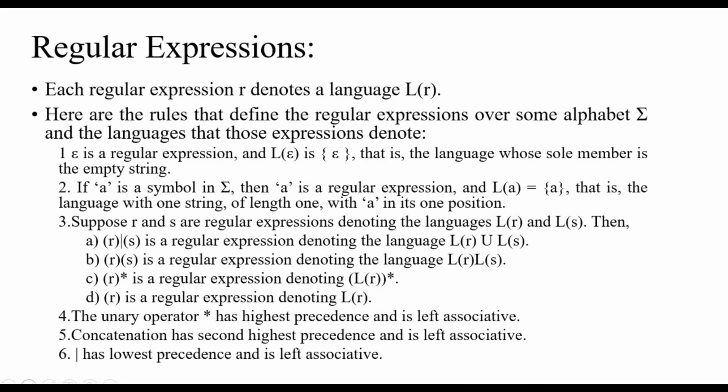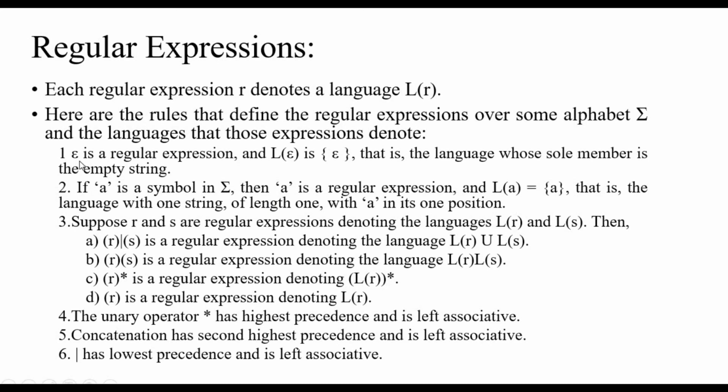Next is regular expression. Each regular expression R denotes the language L of R. Here are some rules that define the regular expression over some alphabet sigma, which is used for input symbols, and the languages that those expressions denote.